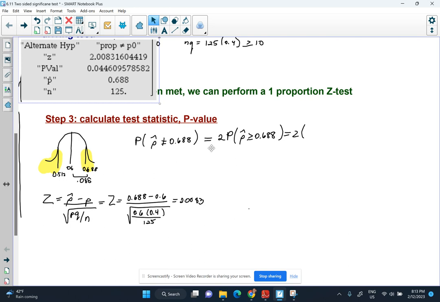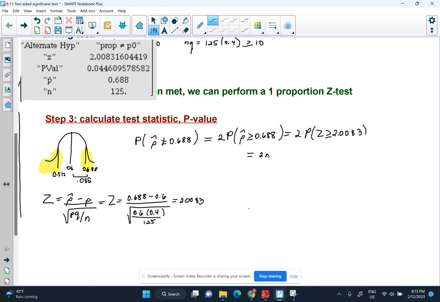That's the same thing as twice the probability p hat is greater than or equal to 0.688, which is the same thing as 2 times the probability that our test statistic is greater than or equal to the value we just calculated, 2.0083.